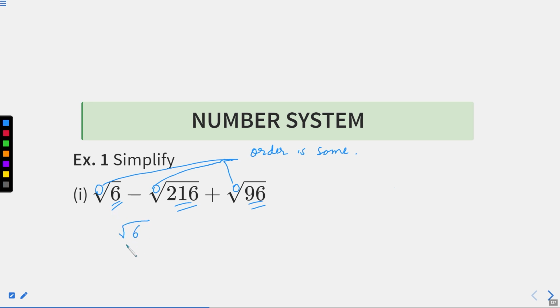The square root of 216: we know 216 is 6 into 6 into 6, which is 6 cubed. So we rewrite it as the square root of 6 cubed.